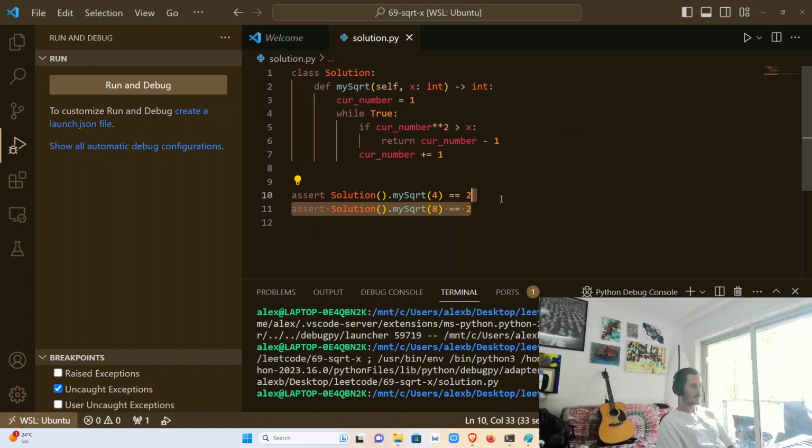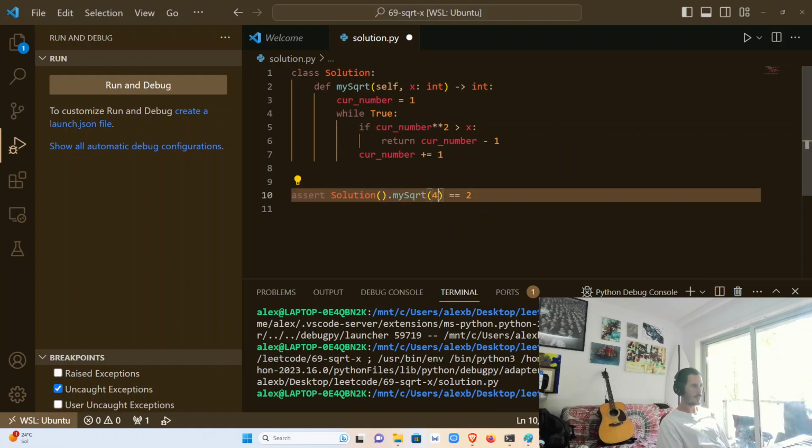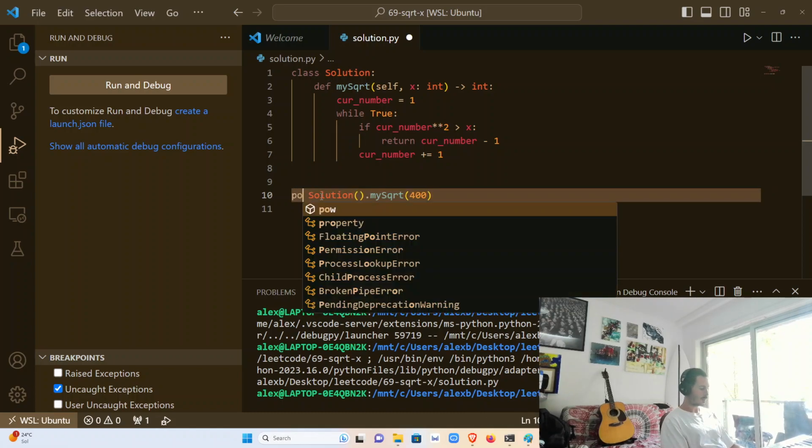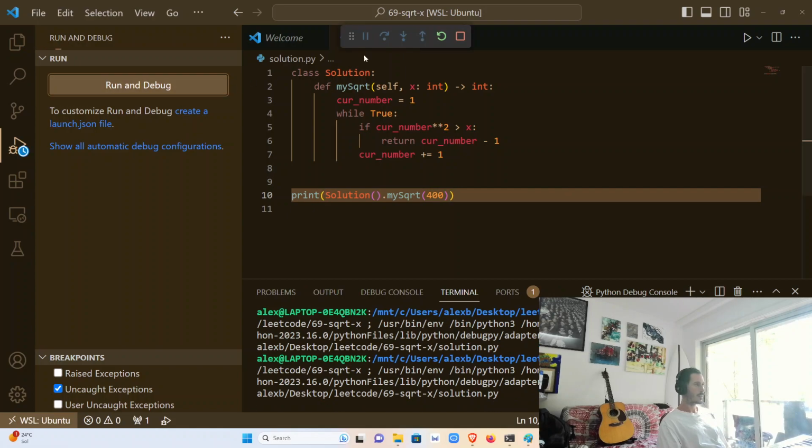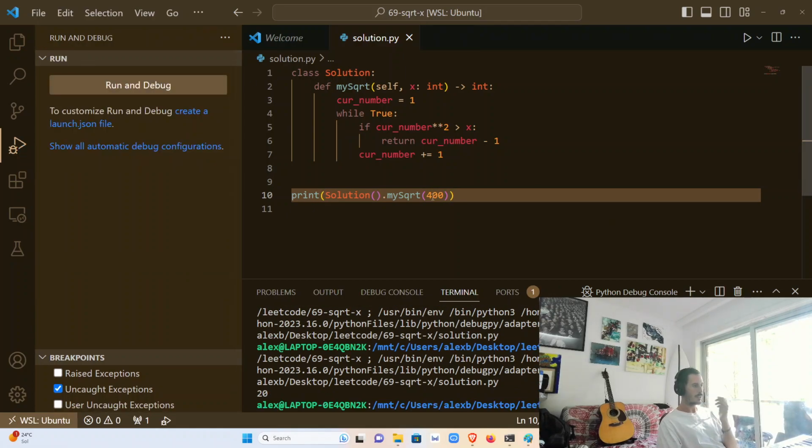So let's say we want to do my square root of 400, which I don't know what the result is. 20. So what do we know? We know that 1 is too little.